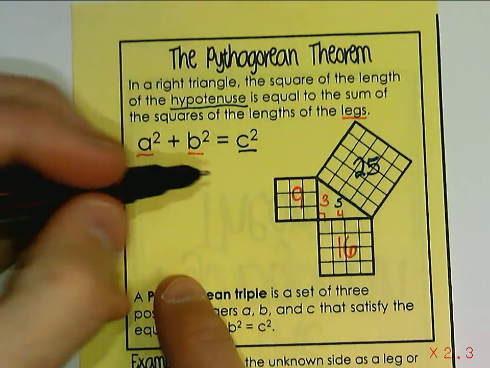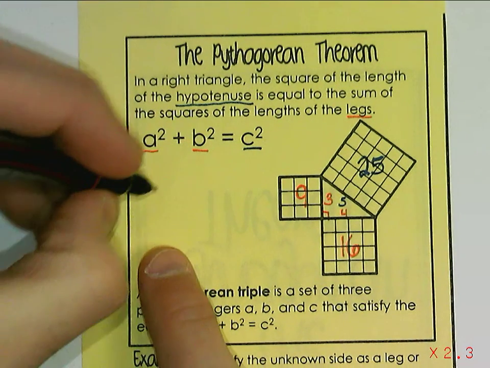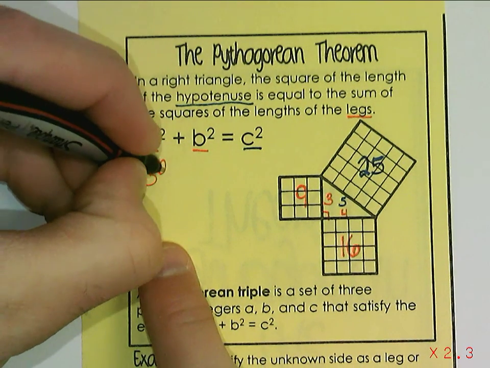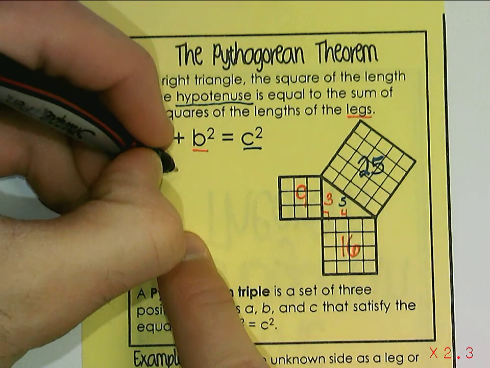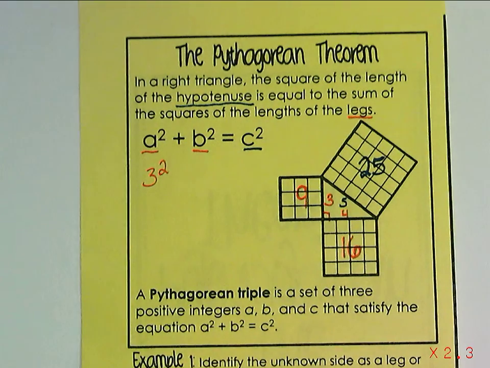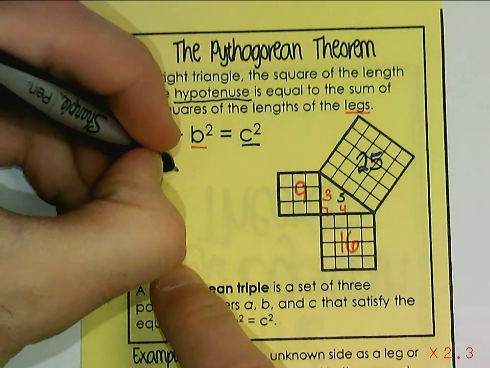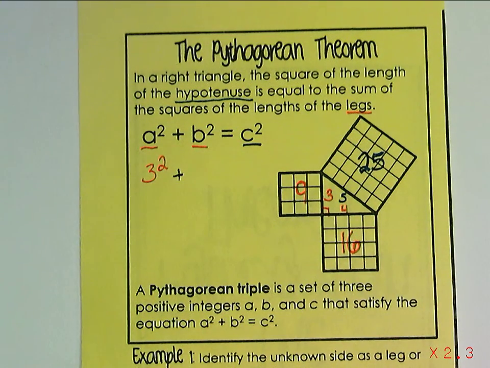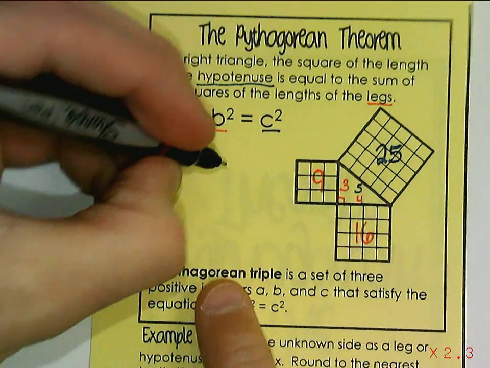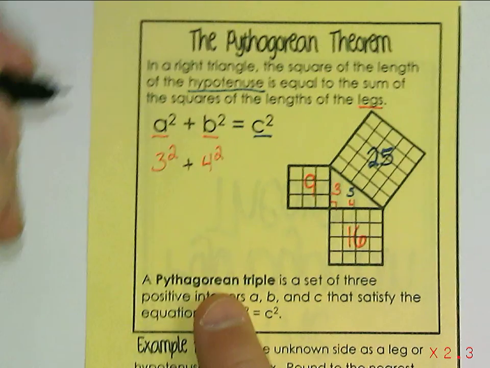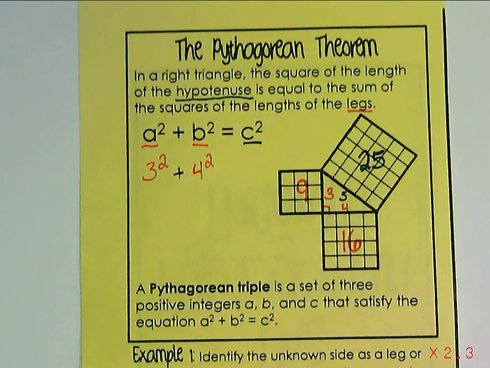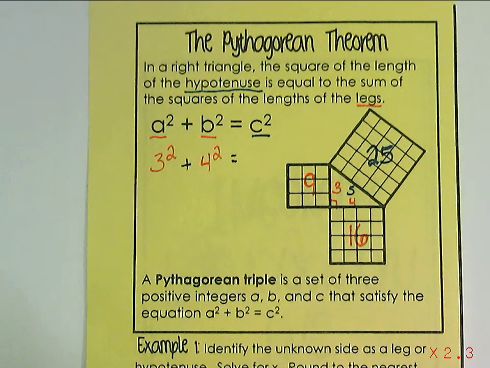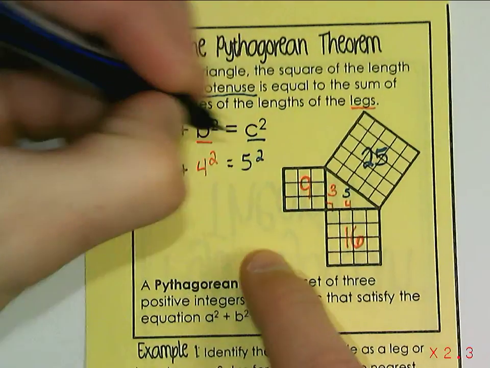So we said 3 we were going to use as a, so we will have 3 squared. And then plus our other leg in this case would be 4. So 4 squared is equal to c squared, and c is 5, so 5 squared.